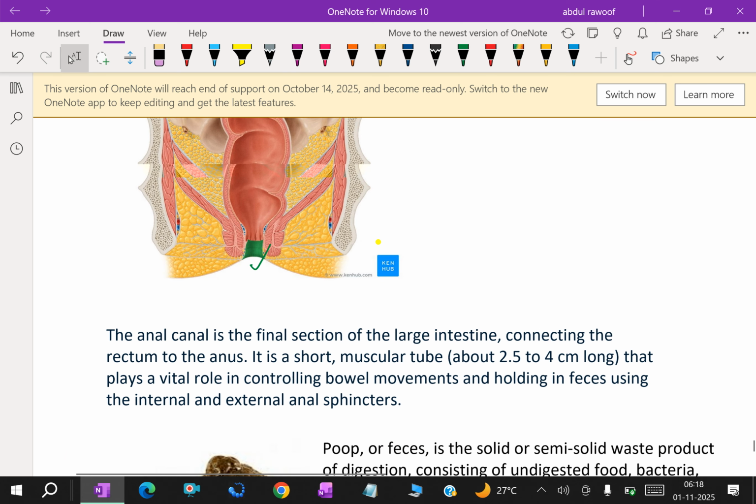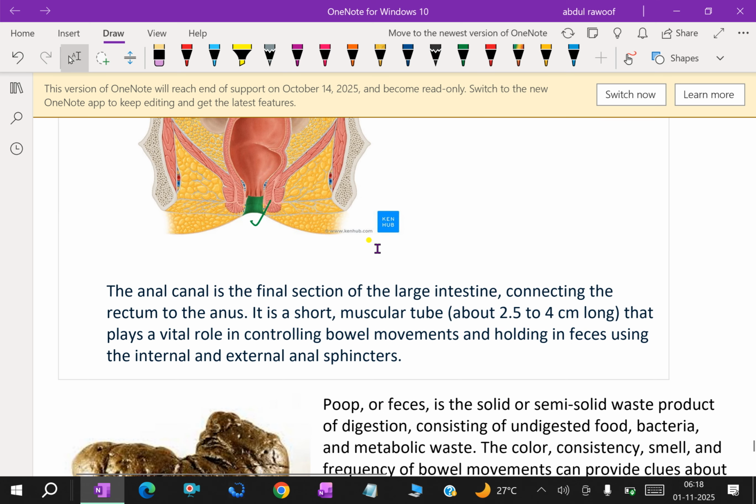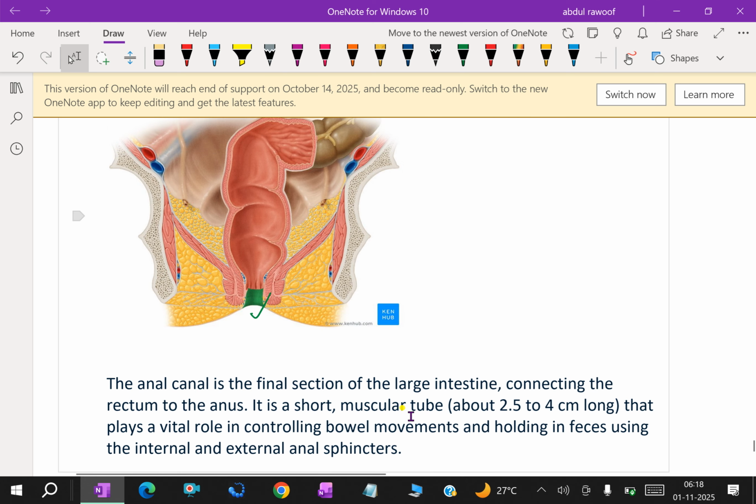The anal canal is the final section of the large intestine connecting the rectum to the anus. It is a short muscular tube about 2.5 to 4 centimeters long that plays a vital role in controlling bowel movements and holding in feces using the internal and external anal sphincters.